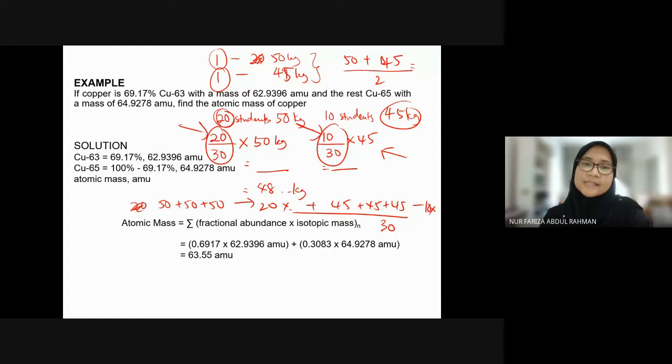You still get the same answer. So by using the same understanding of what we already knew before, we apply it in order to find the average atomic mass. So it's not something new. It's something we knew already.